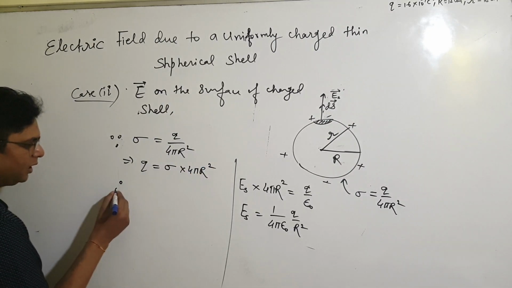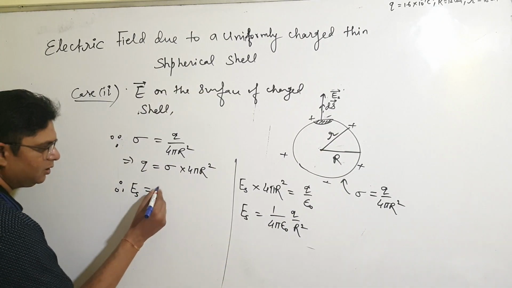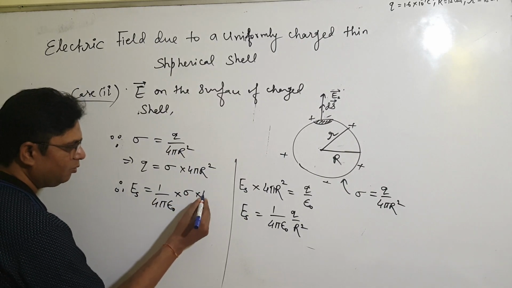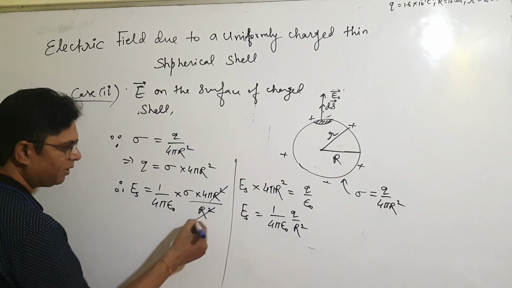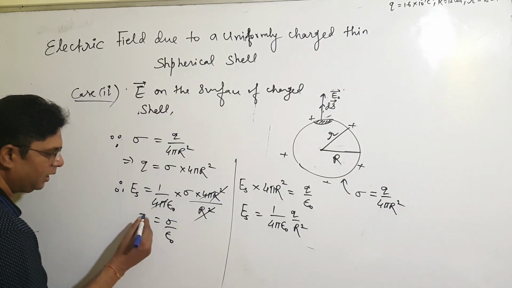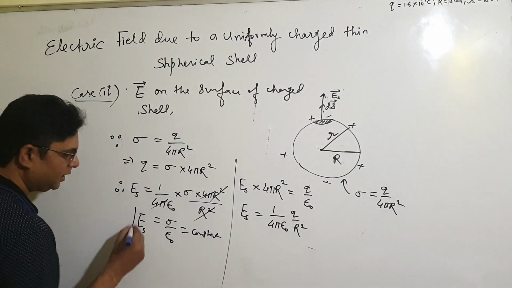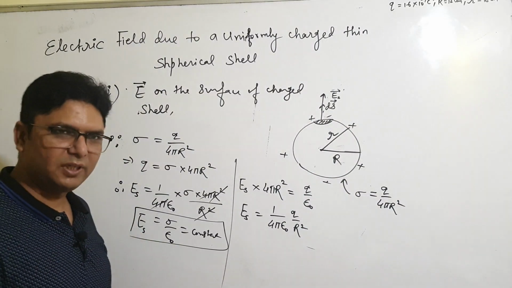Putting it at this place, you get E_S equals 1 by 4 pi epsilon naught into sigma into 4 pi R square upon R square. R square cancels, 4 pi cancels, and you have sigma by epsilon naught. This is E_S, which is constant. Thus you have found the electric field on the surface of the sphere.